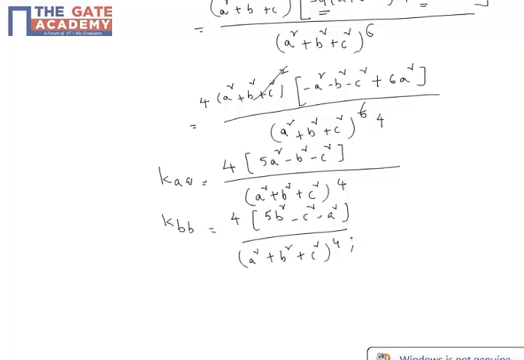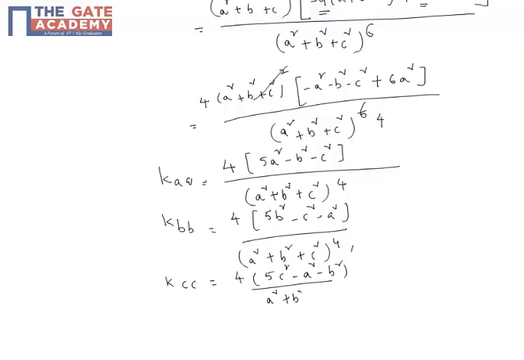Similarly Kcc. So Kcc equal to 4 into (5C square minus A square minus B square) divided by (A square plus B square plus C square) whole power 4.